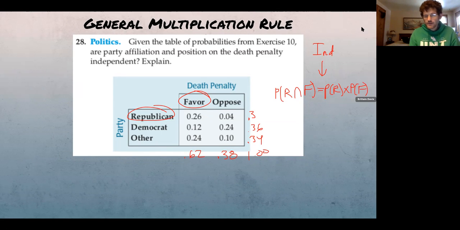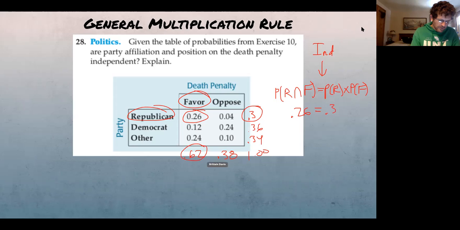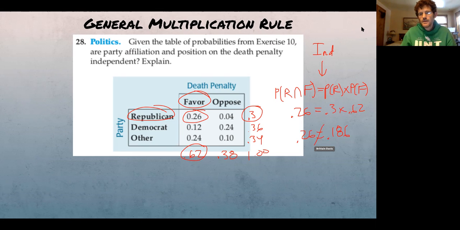And if that's true, then they are independent. So I already know that this is 0.26. Probability of Republican is 0.3. Probability of favoring this is 0.62. And if I multiply that out, 0.3 times 0.62 is 0.186. So because they don't equal each other, that means they are not independent.